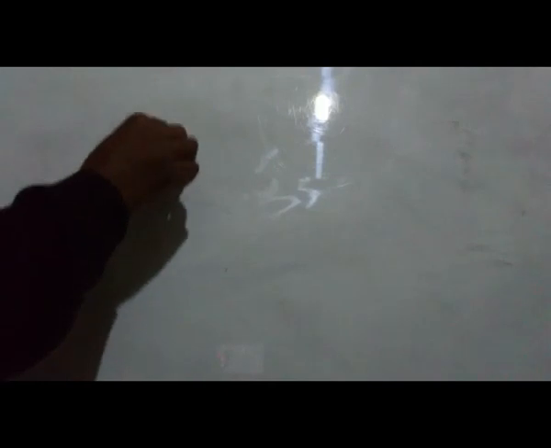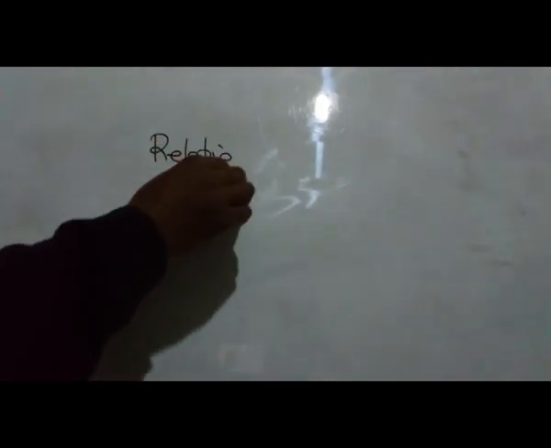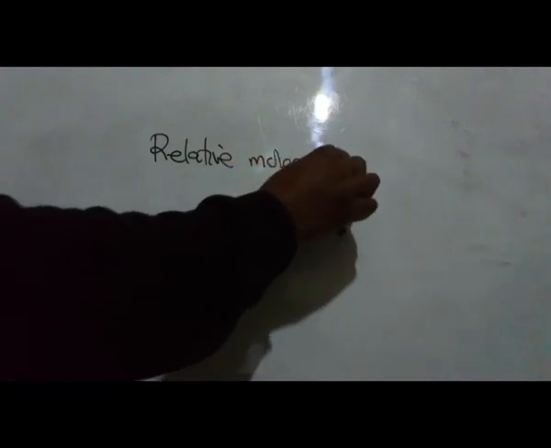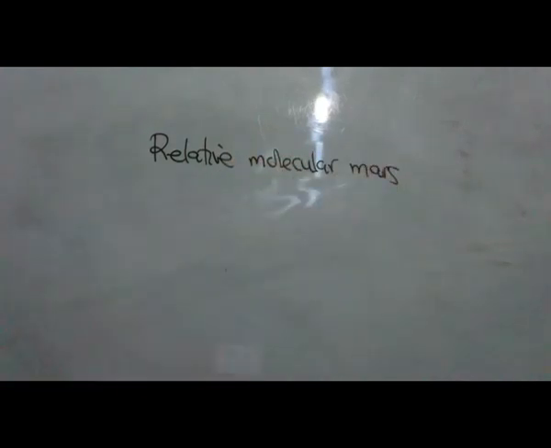We want to know how to calculate the relative molecular mass of a molecule, and also how to find the relative formula mass. So two things that we want to compare: relative molecular mass. This has nothing to do with empirical formula now. We are still in calculations.